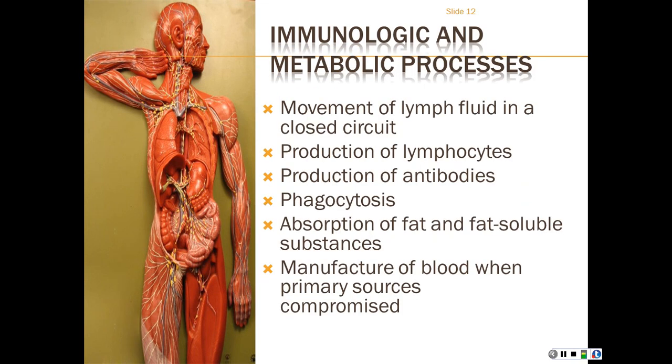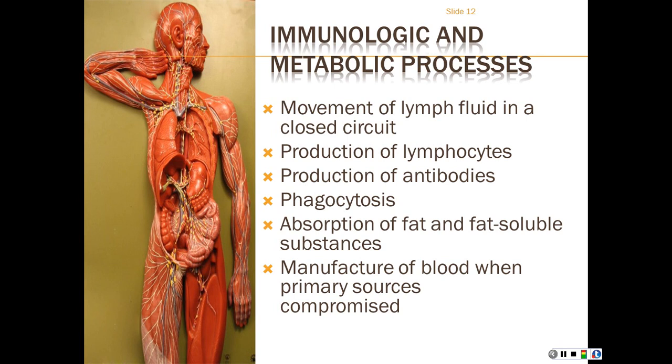The immunological and metabolic processes involve movement of the fluid in a closed circuit. There's production of lymphocytes, and that is often in the thymus and also in the bone. There's production of antibodies and phagocytosis.